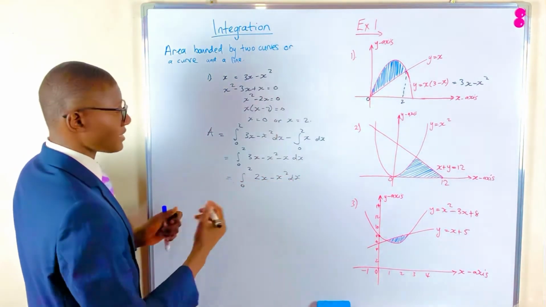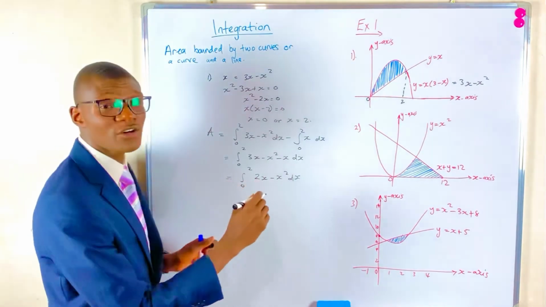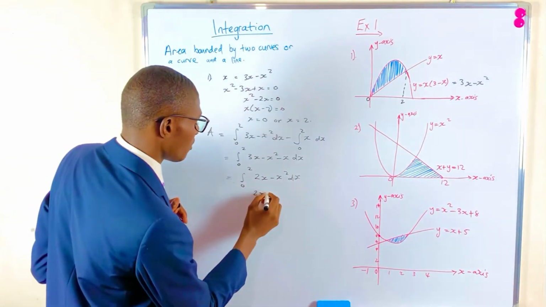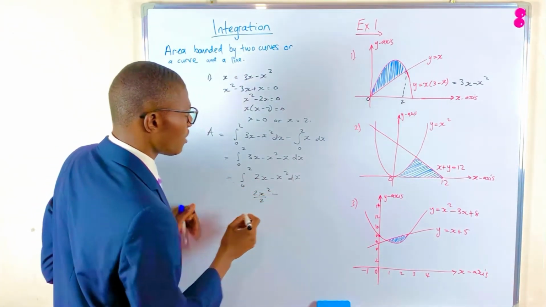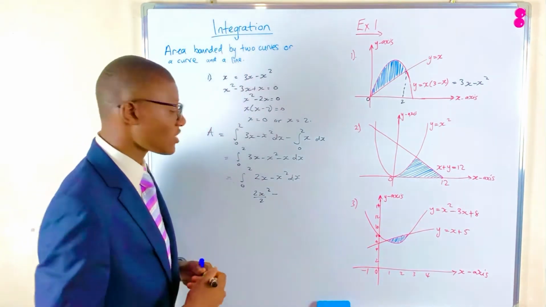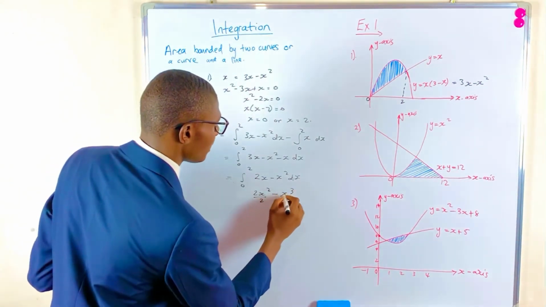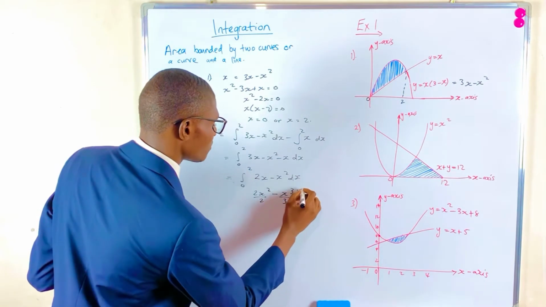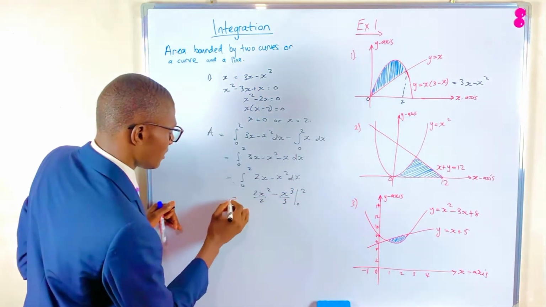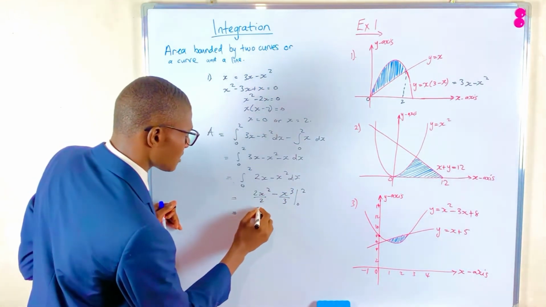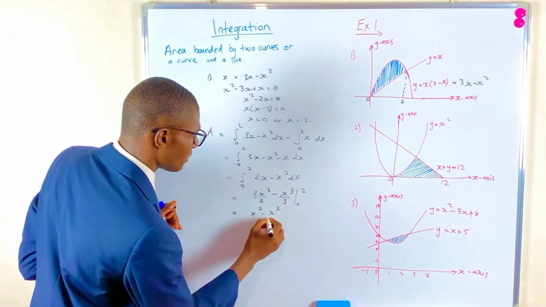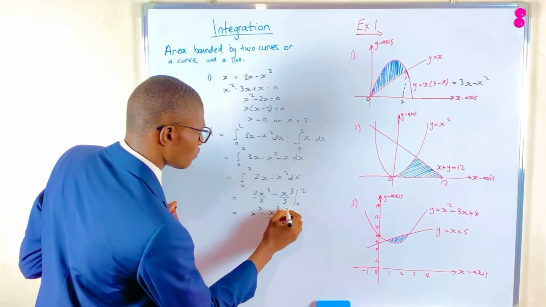We're saying that the integral of 2x will be 2x squared over 2, minus the integral of x squared, which will be x to the power of 3 over 3, from 0 to 2. Right, and then this would be equal to x squared minus x to the power of 3 over 3 from 0 to 2.